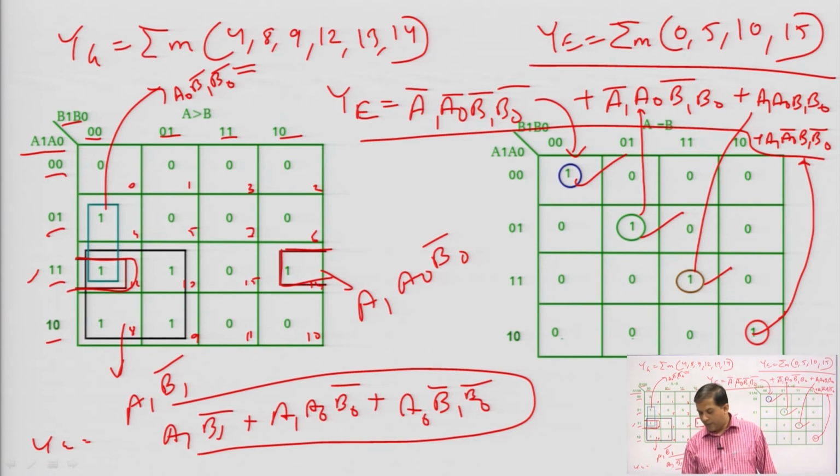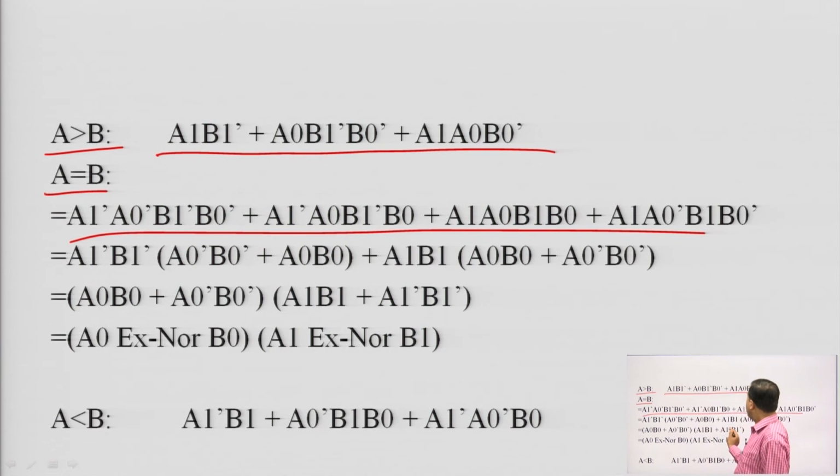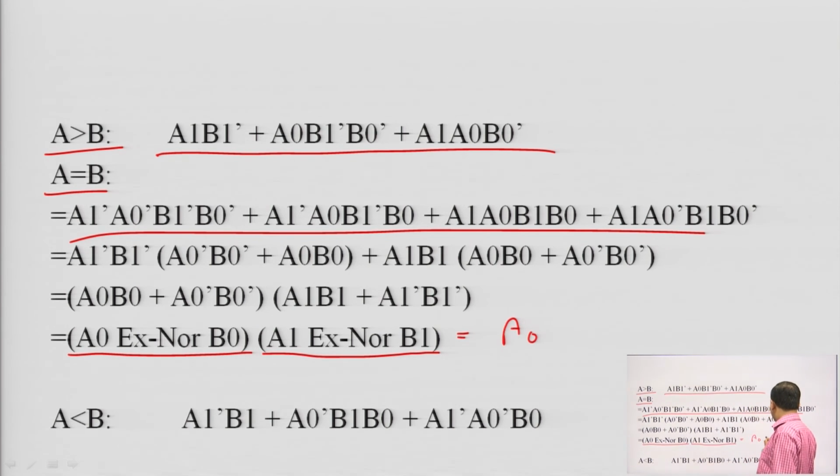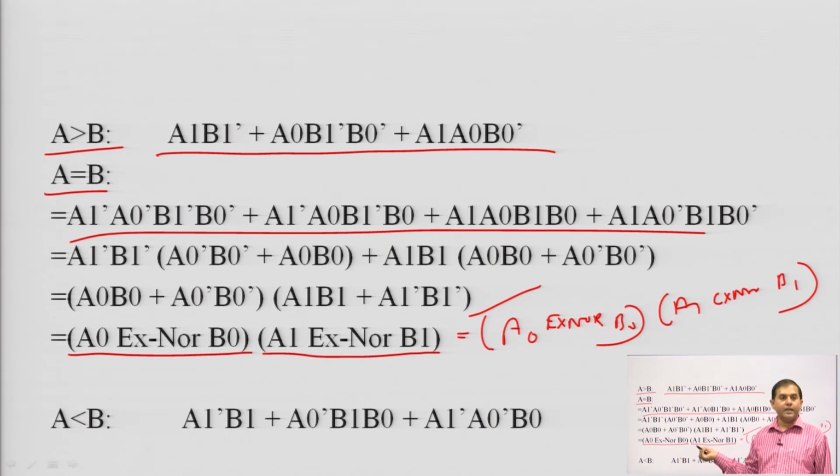So, now we can minimize it, and it will be a naught x naught b naught and a 1 x naught b 1. This is a minimized format, nothing else.